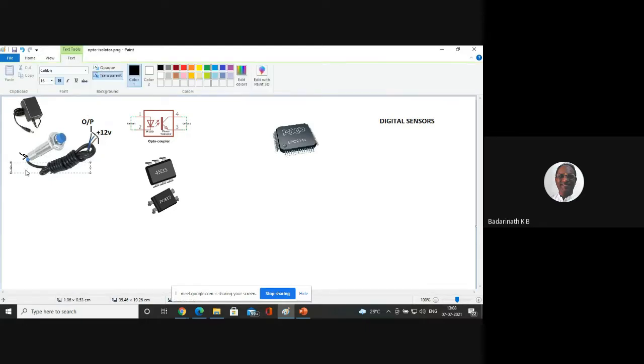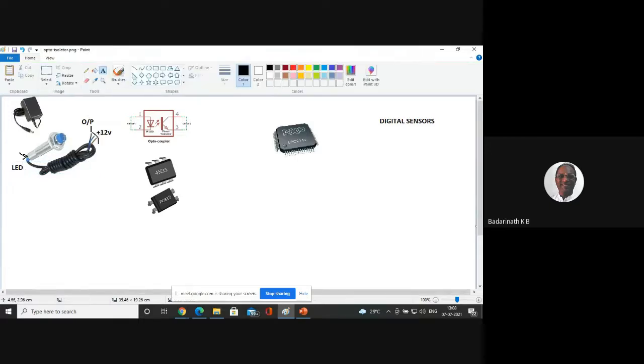So how does a proximity sensor work? A proximity sensor works with a small metal. The moment it detects a small metal near that point, within 2 to 3 mm or maximum around 10 mm, it will give an indication here.